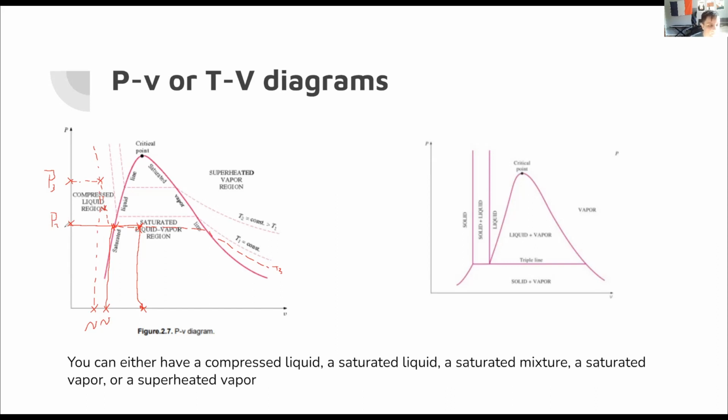Now the issue here comes when, if you were at P1 and you would go straight across, you wouldn't know which specific volume it would be. So you can't really use this graph if you're in the mixture phase. It's only if you're in the compressed liquid phase or the superheated phase, but usually they don't really give you this kind of exercise.